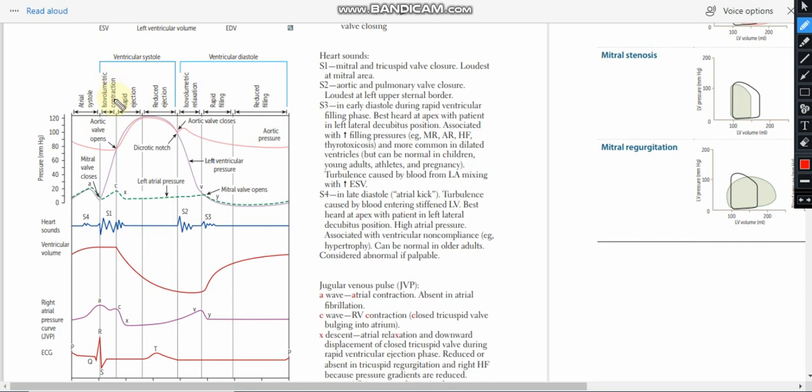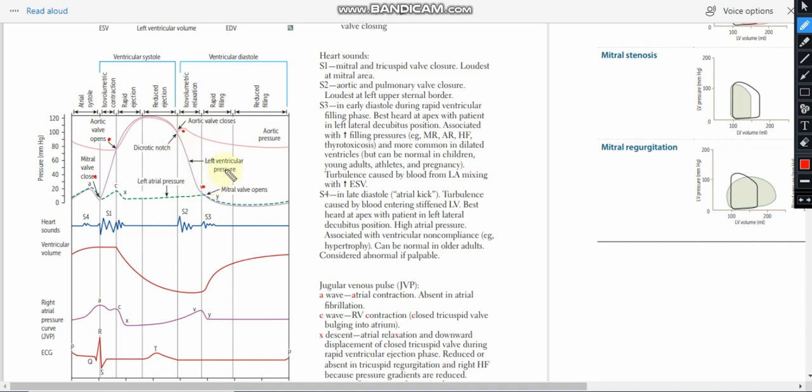So we have the isovolumetric contraction, which was between the mitral valve closure and the aortic valve opening, right? Then we had the systolic ejection, that is when the blood goes from the ventricle to the aorta, between aortic valve opening and aortic valve closure. Then we have the isovolumetric relaxation, between the aortic valve closure and the mitral valve opening.